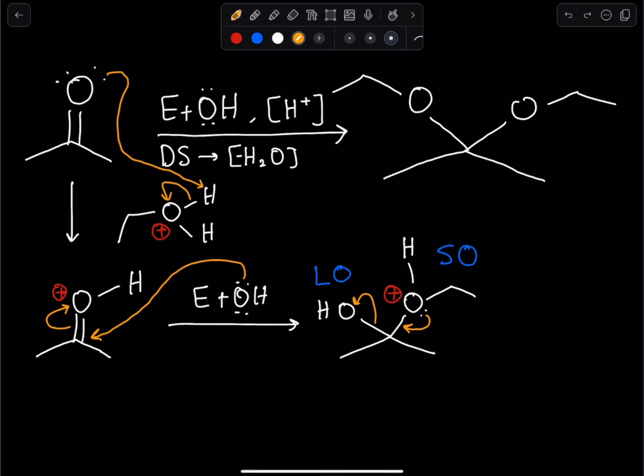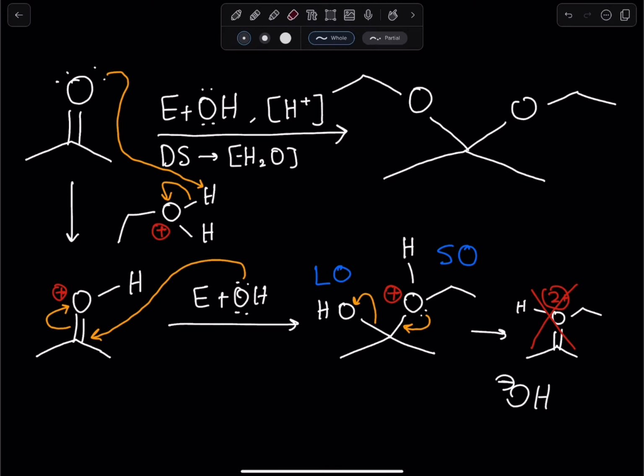The problem with that is that if you do that, you get something like this. And this is oxygen with 4 bonds, which would be a positive 2 charge, and that's a no-no. And you'd also get hydroxide, and that is a similar no-no. So we don't want to do that.